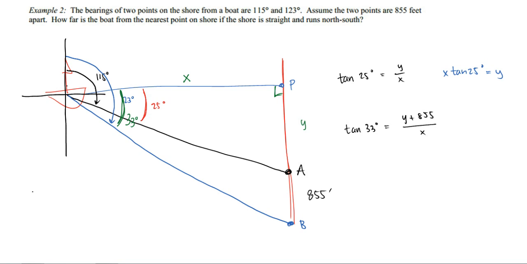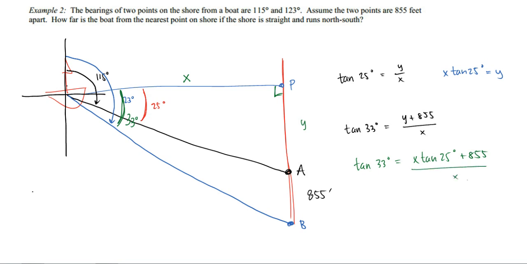And now I'll substitute that in and see what happens. So I got tan 33 equals x tan 25 plus 855 all over x.